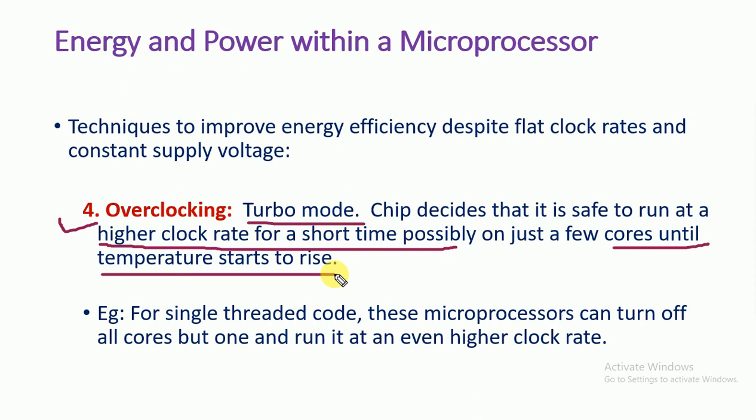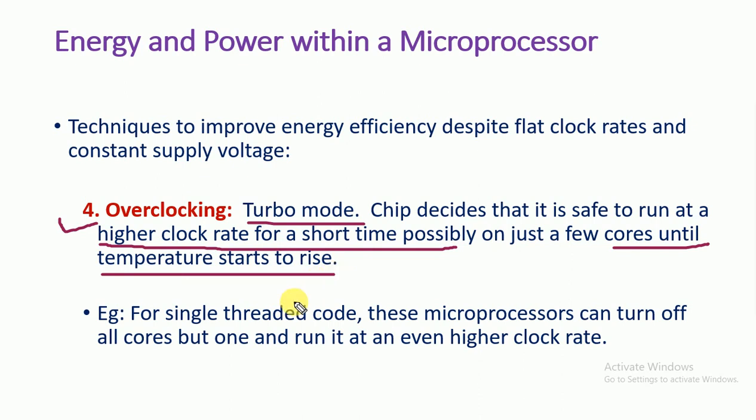In that situation, just increase the clock speed. We were considering flat clock rates, but here we are considering overclocking for some special task up to some point. That means up to the level of the maximum temperature that it can hold. Up to that it can increase the clock speed, then reduce the clock speed when the temperature reaches a particular level.